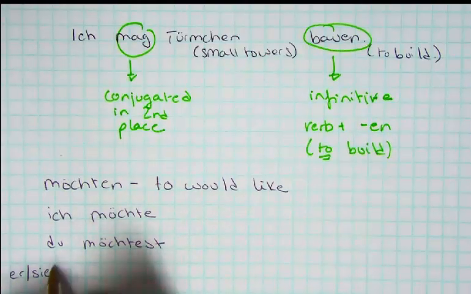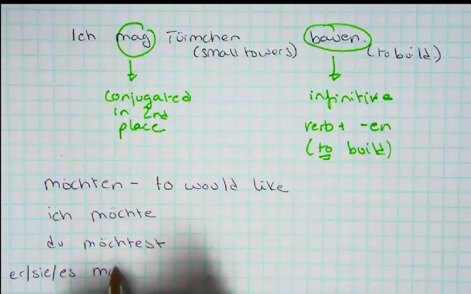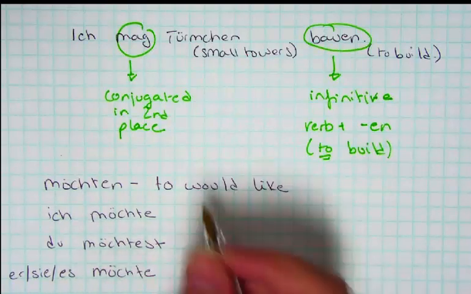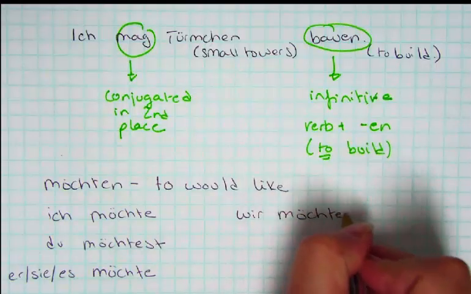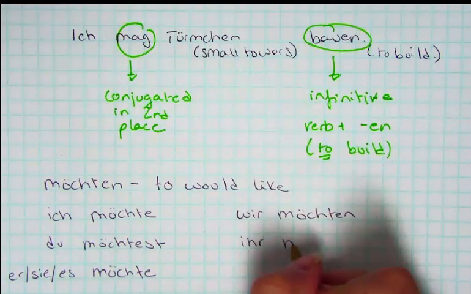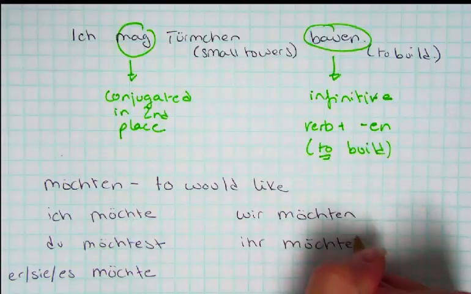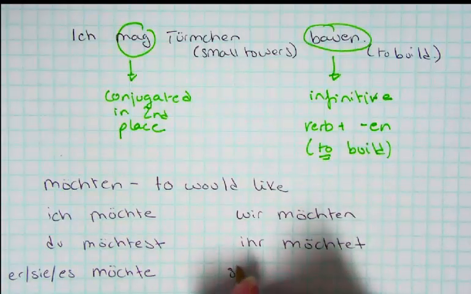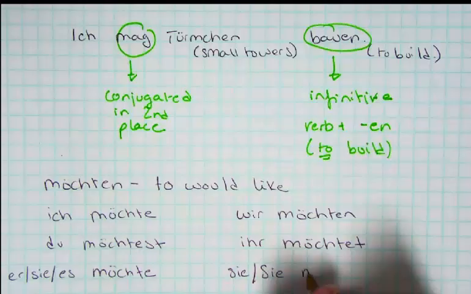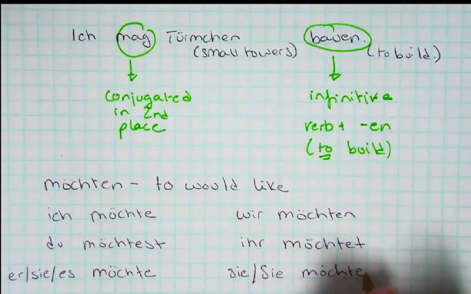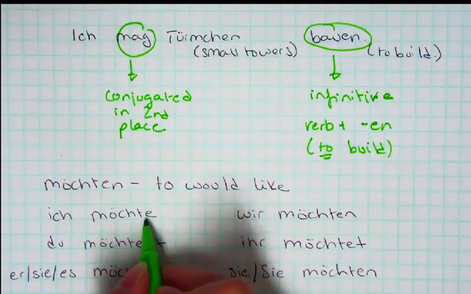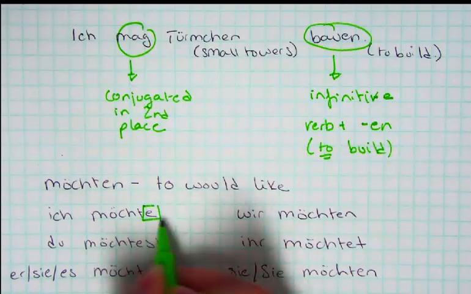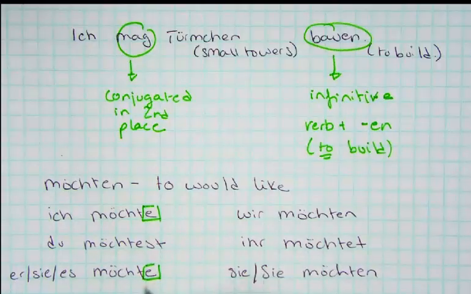Er, sie, and es möchte. Wir möchten. Ihr möchtet. And sie möchten.